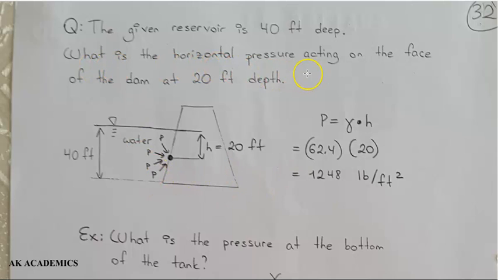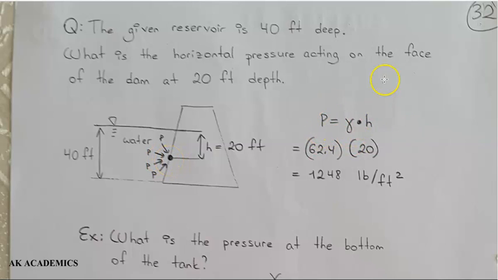What is then the horizontal pressure acting on the face of the dam at 20 feet deep? So at 20 feet deep, somewhere here, what will be the pressure acting on this face of the surface of the dam at this particular height, which is 20 feet?